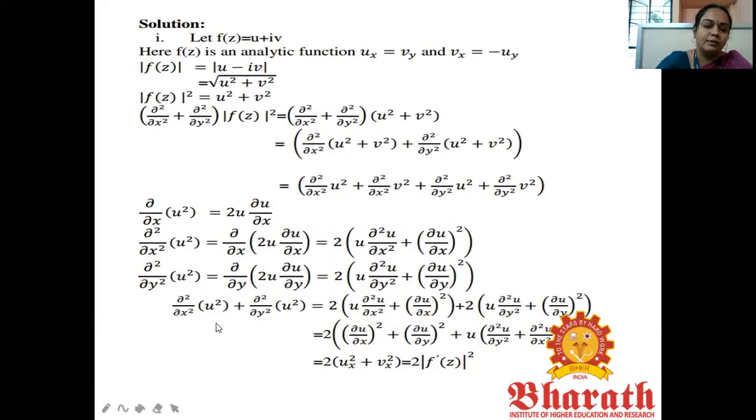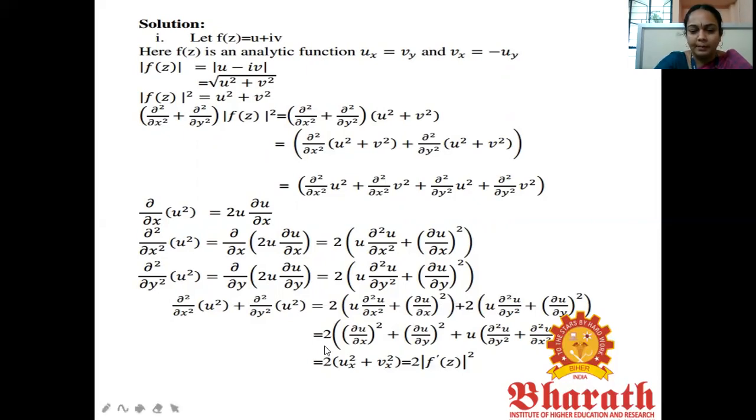How to add? Left hand side is dou square by dou x square of u square plus dou square by dou y square of u square. This is equal to the right hand side: 2 of u into dou square u by dou x square plus dou u by dou x the whole square, plus 2 of u into dou square u by dou y square plus dou u by dou y the whole square.